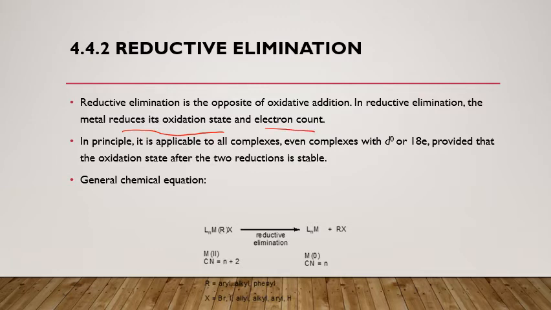It's vice versa from the oxidative addition, where you can see that the metal oxidation number decreased from 2 to 0 in this example. Then the coordination number decreased from n plus 2 to n, where you can see that 2 of the ligands have been removed. The R and X have been removed from this reaction, which is the reductive elimination reaction.